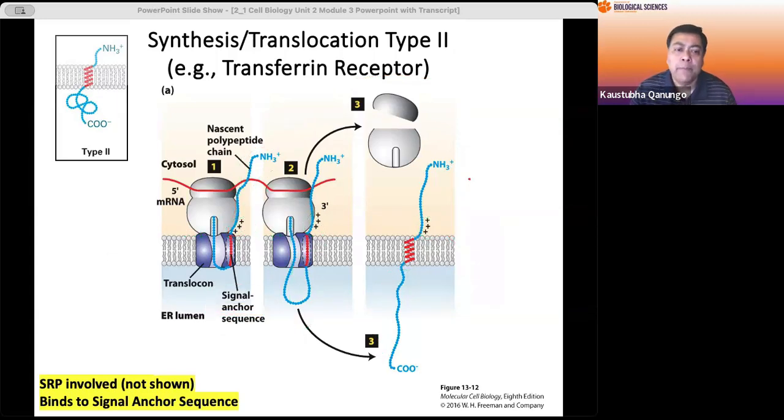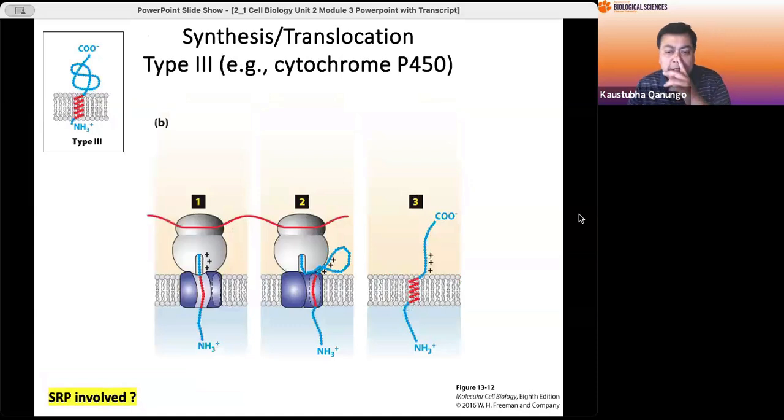Once you get type 1 and type 2, just those two examples, the rest will become easy. So let's go on to the next one. See right here, this is type 3, where you have a short N-terminal and a long C-terminal, exactly like type 1, except for the N-terminal signal sequence.